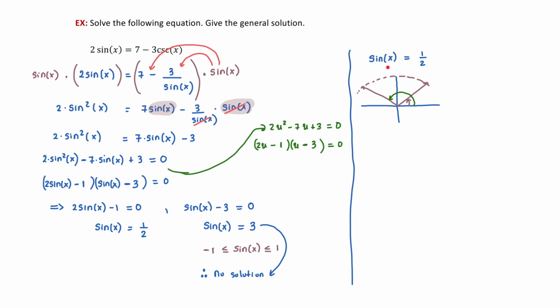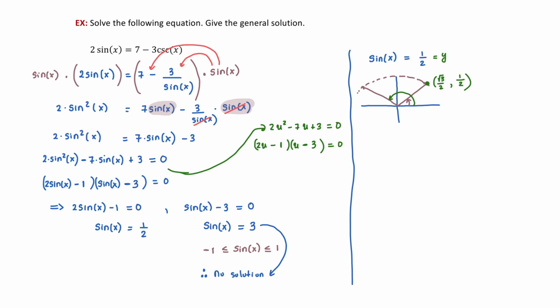Well, remember that sine x always corresponds to the y value of those points. So in this case, I know that this will be equal to y. Remember that those points are always on the unit circle. So for example, here, I would have such a point, and I already know that the y value will be 1/2. That means that the x value will have to be equal to √3 over 2.